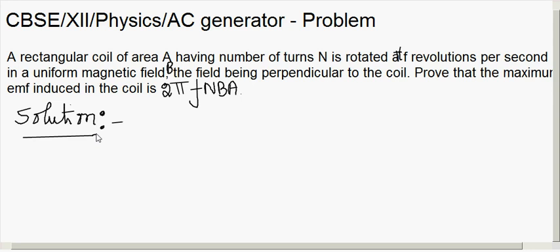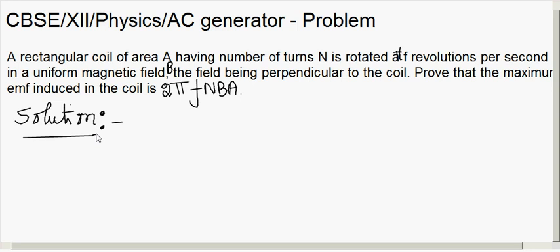The coil is rotated in the magnetic field. As it rotates, the area swept keeps changing and hence the flux linking the coil keeps changing. The change in area produces a change in flux and hence an EMF is induced.